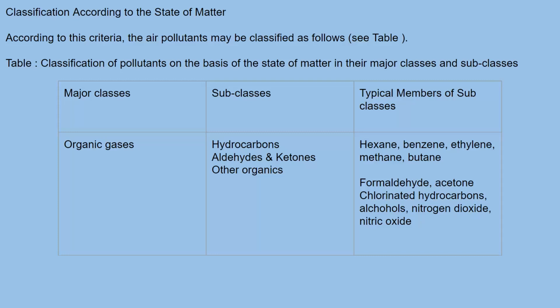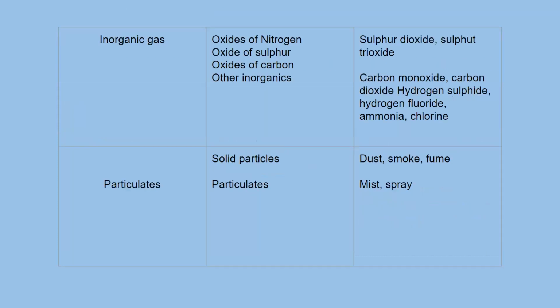These are the organic gases which are responsible for air pollution. Then formaldehyde, acetone, chlorinated hydrocarbons, alcohols, nitrogen dioxide, and nitric oxide. Then the second class is inorganic gases. Inorganic gases include oxides of nitrogen, oxides of sulfur, oxides of carbon, and other inorganics. Okay, so these inorganic gases are very harmful for atmospheric changes.